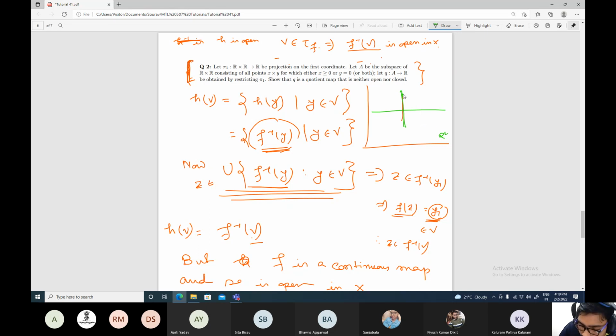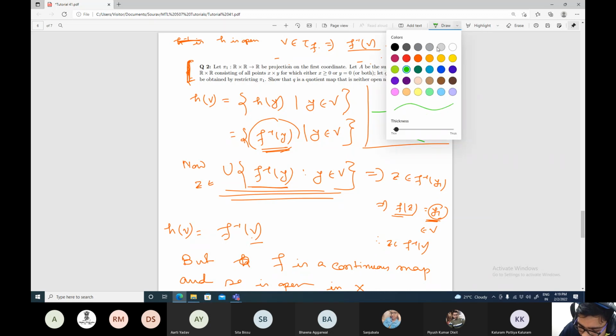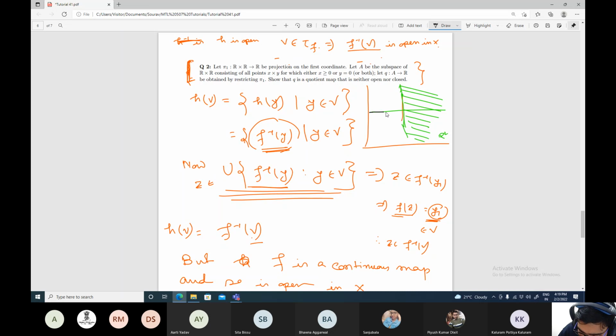We are taking a subset of R2 which consists of all these points, including this line, so black, this line, and this portion. Okay. And we are taking the projection of this one on the x-axis. You have to prove that this map is a quotient map, but neither open nor closed.